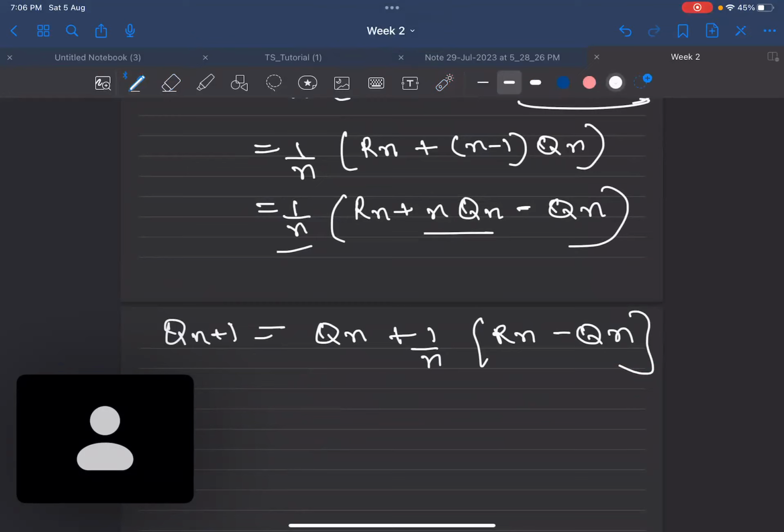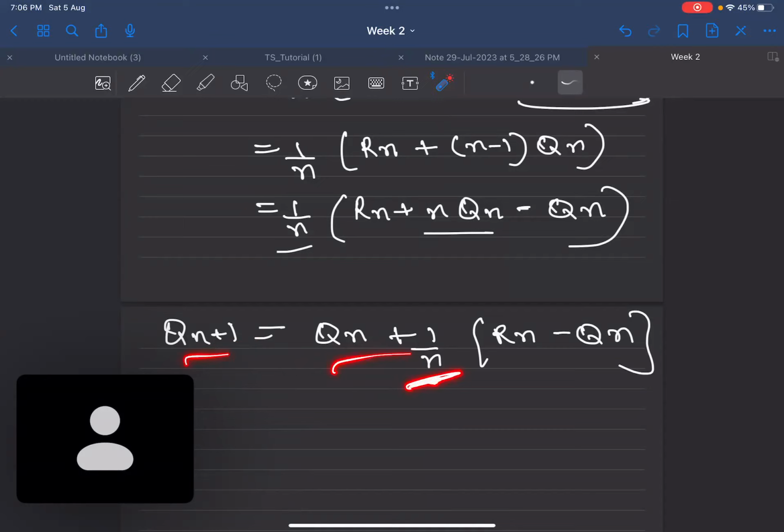It is the fraction of the error with which we want to update our previous Q value. So this is the estimated value at nth step, I can say the old estimate. This is the new estimate at time step n plus 1.